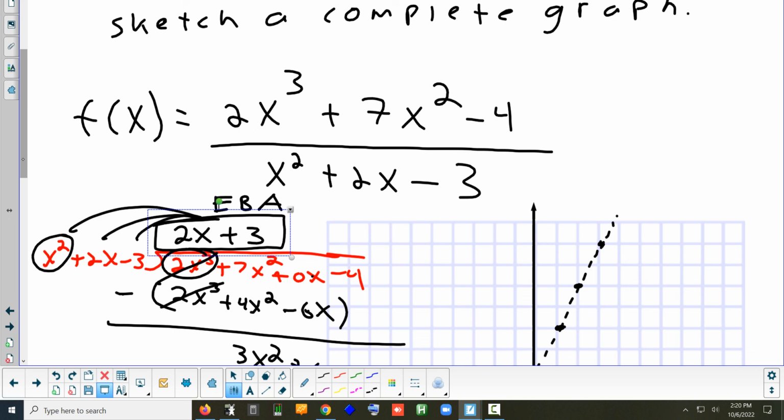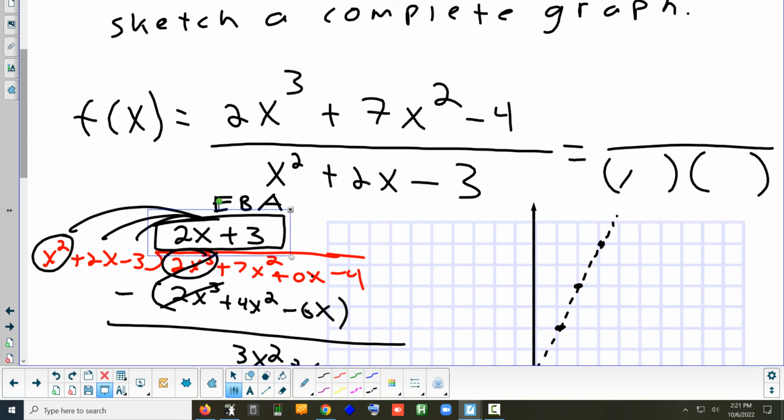Right, where the bottom equals 0. What can we do to make the bottom simpler so we can find the zeros quicker? Yep. Let's see if we can factor it.